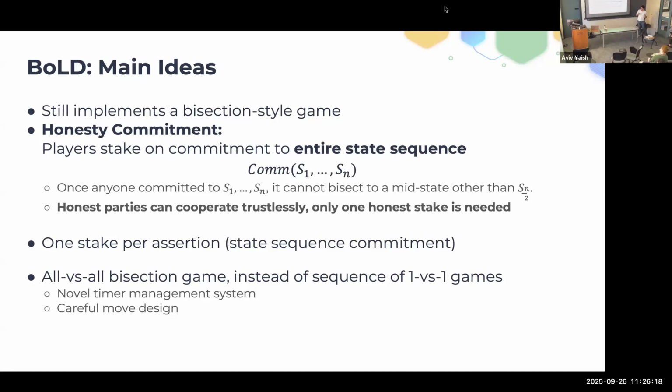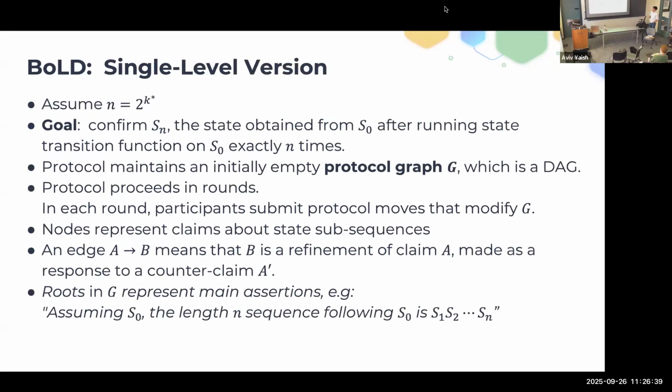And as opposed to having multiple 1 versus 1 games like before, now we will have an all versus all type of game, which will require a novel timer system and careful move design and a graph that represents what's going on in the protocol. My hope for the rest of the talk is to explain at a fairly deep level how this works.